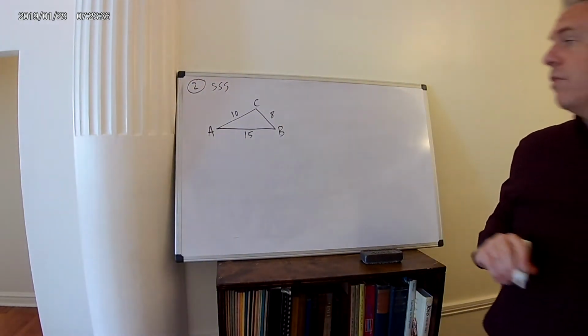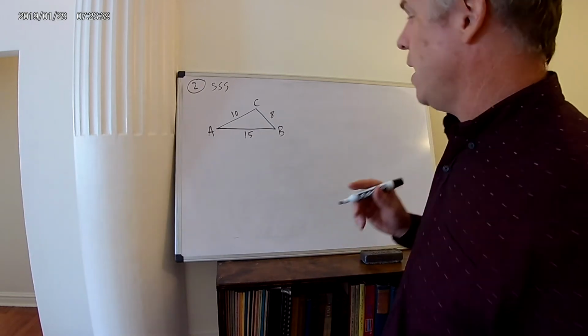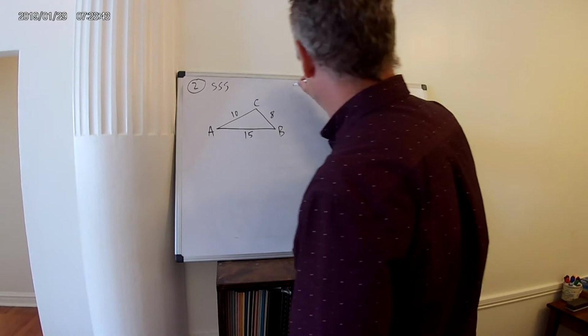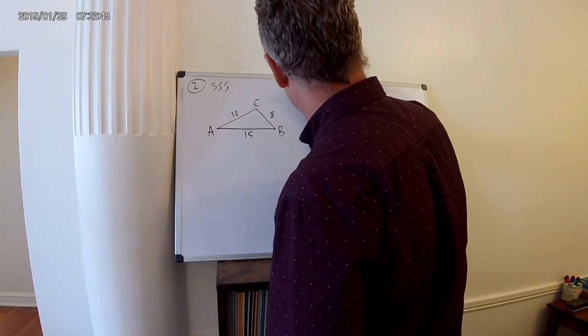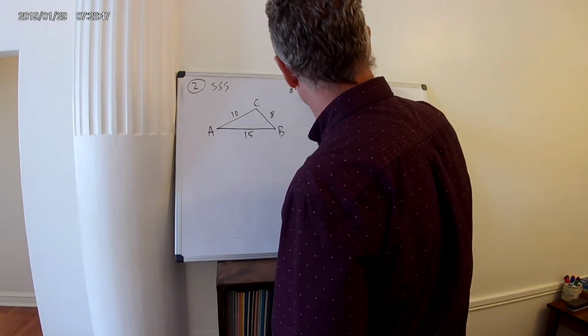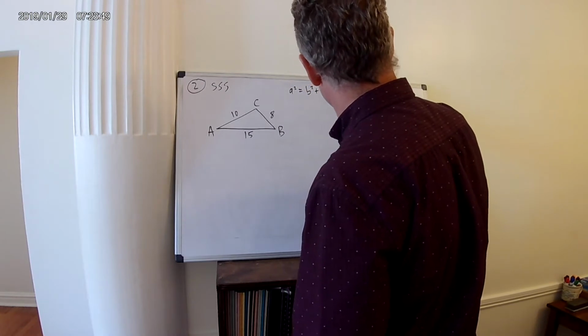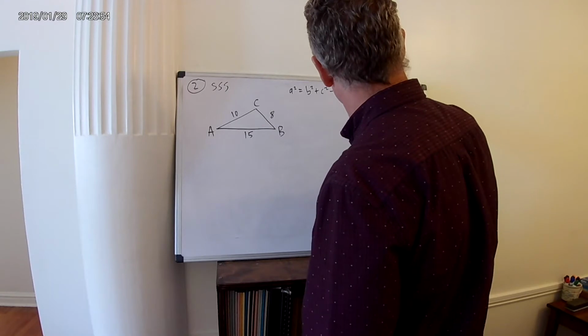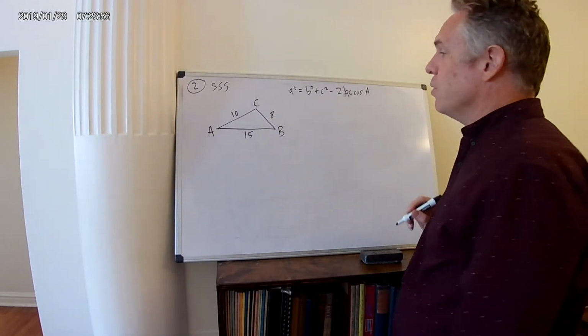Let's see if we can solve this triangle. We definitely can't use the law of sines. Can we use the law of cosines? Well, let's see. A squared equals b squared plus c squared minus 2bc cosine of angle A. So let's plug in some numbers here.